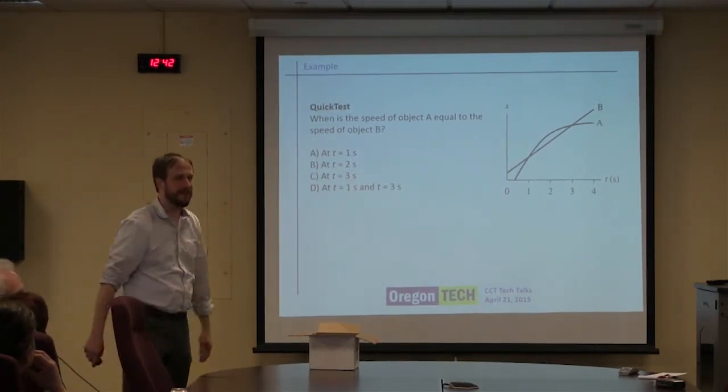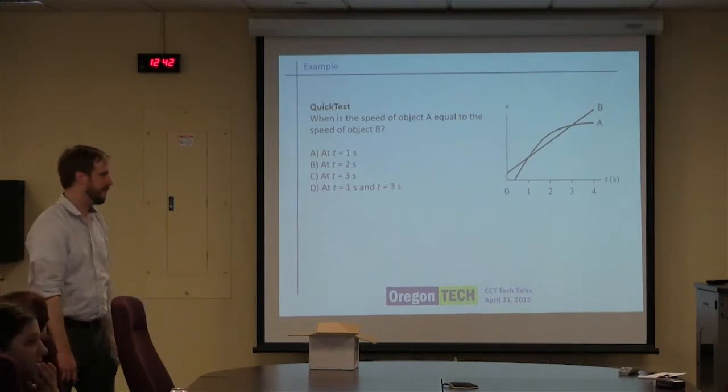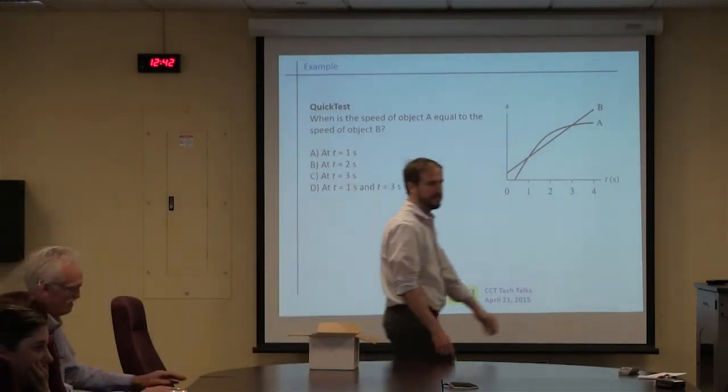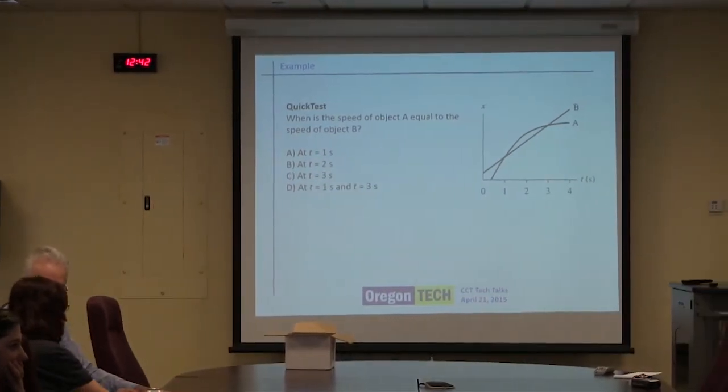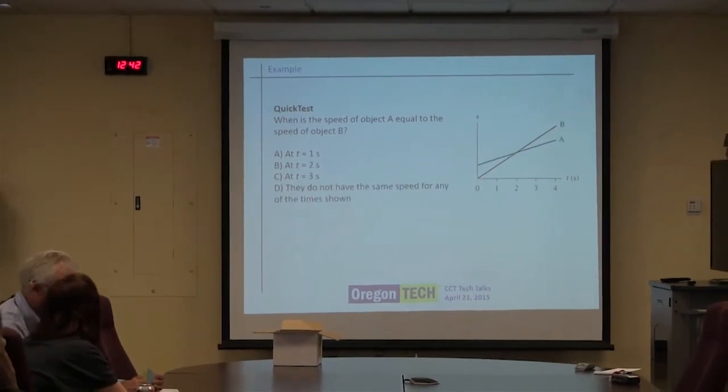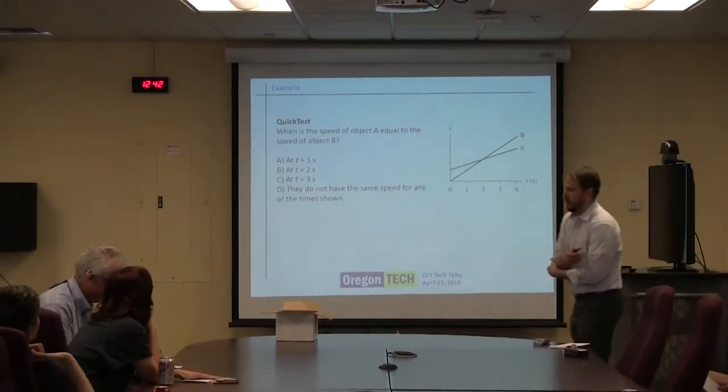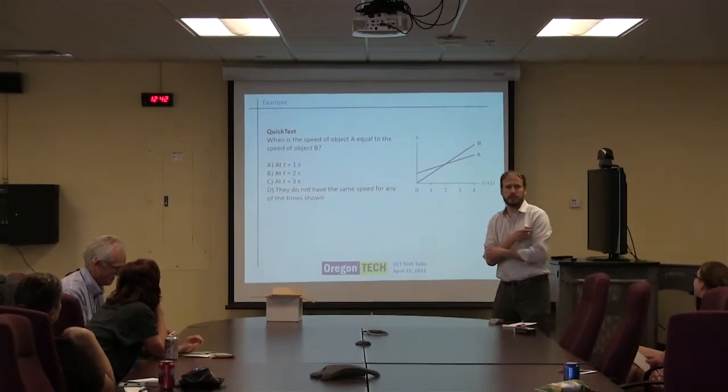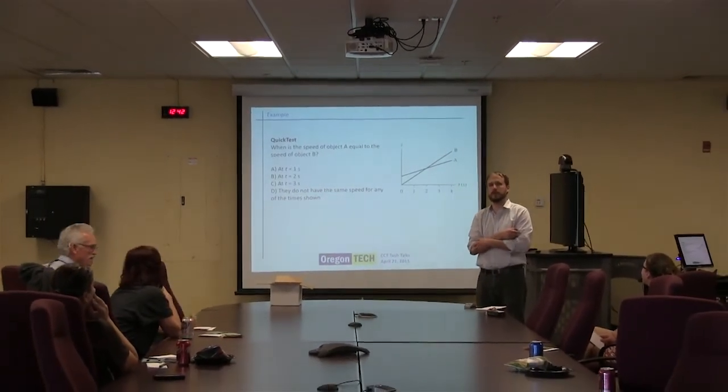I have a quick question. For the problem before, do you actually show a visual of the motion? Good question. What I do is, as we're doing this, we introduce things called motion diagrams.